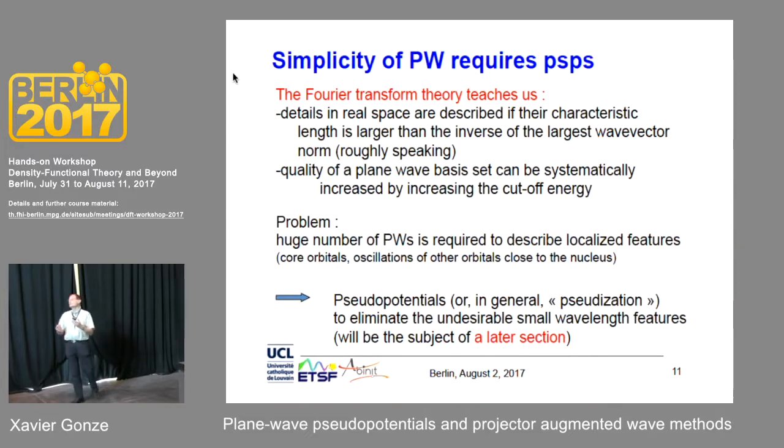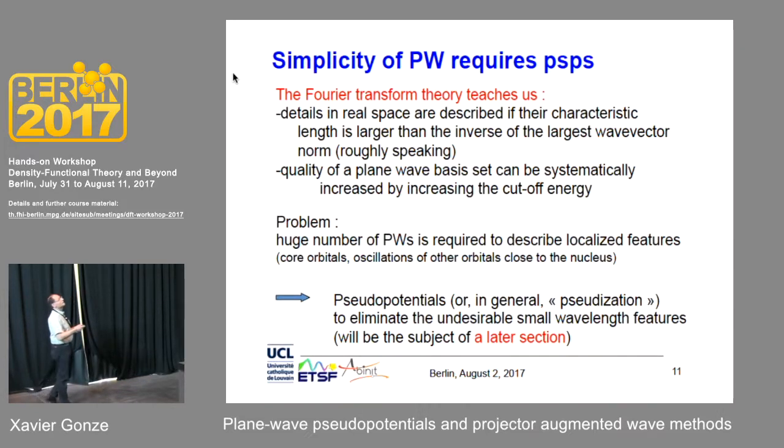So if we directly plug in the Coulomb potential created by a nucleus into a plane wave code, it will succeed in obtaining the right result, but sometimes with a huge number of plane waves. I was speaking of 300 plane waves for silicon with pseudopotential. Actually, to treat silicon without pseudopotential, I think one would need 1 million plane waves or something like this.